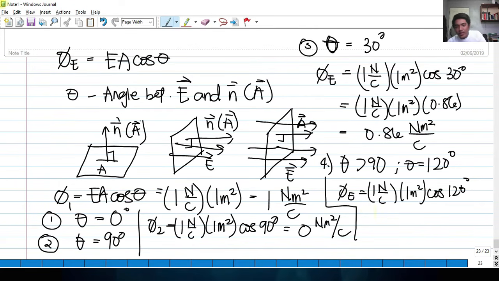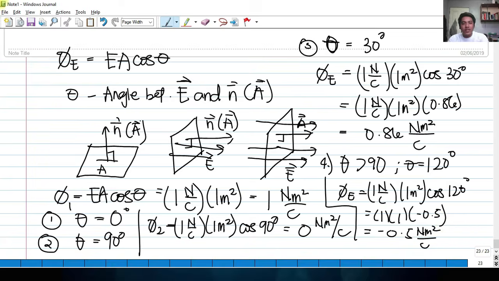Cosine of 120 is negative 0.5. So now we have a negative 0.5 Newton meter squared per coulomb. So we have now a negative flux, because flux is a scalar quantity, not a vector. So, fourth case, if the angle is greater than 90, then we have a negative flux.